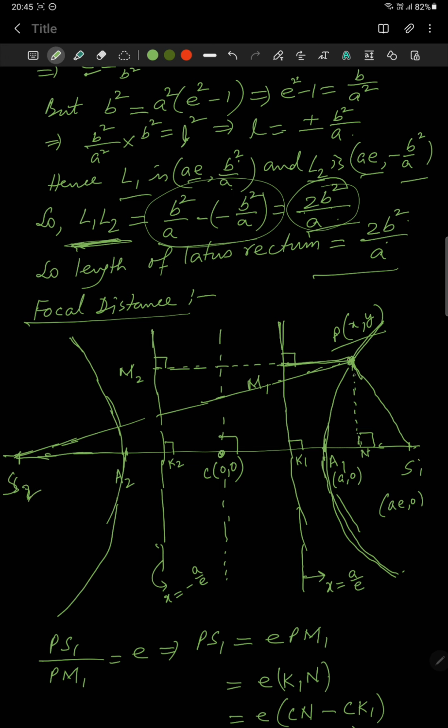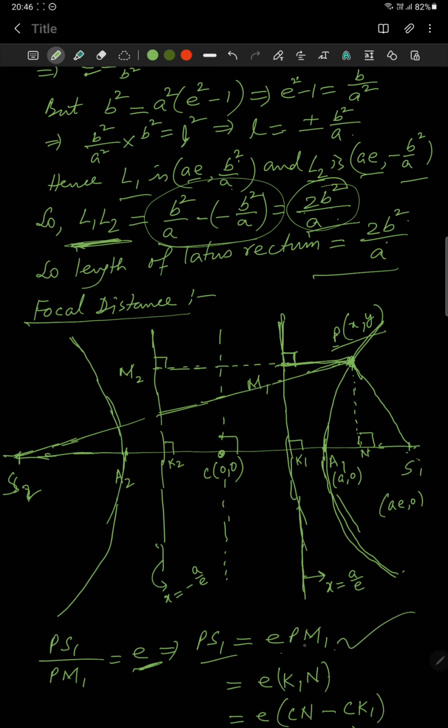Then PS1 and PS2 lengths are taken as the focal distances. Now you remember that PS1 divided by PM1, this is the perpendicular drawn from P on this directrix. So PS1 divided by PM1 will be equal to E. So finally PS1 is equal to E times PM1.